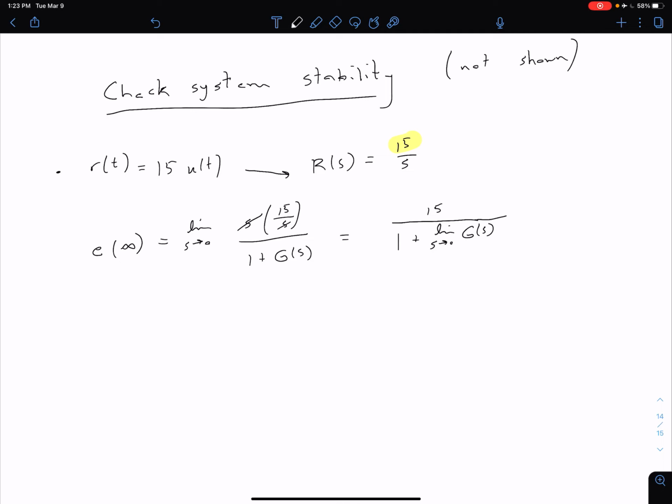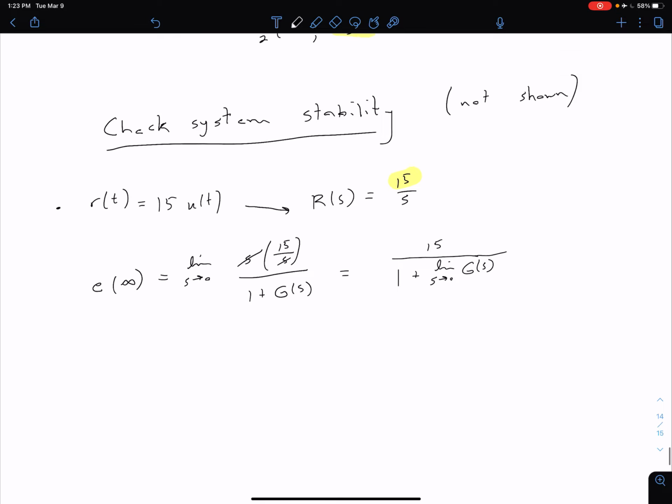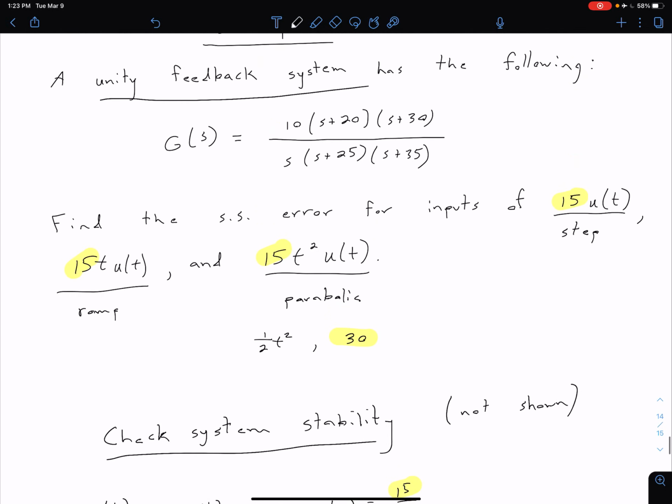We notice that this is the equation we had for a step input, just with the numerator adjusted to account for our gain of 15. So we could have come directly there using the more specific equation for a step input. Now we let s go to 0 and take that limit.